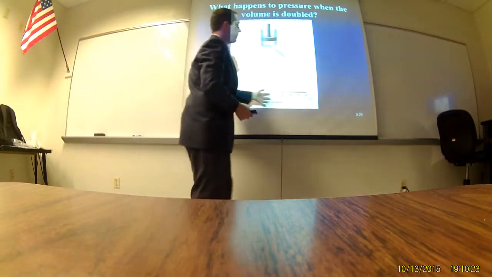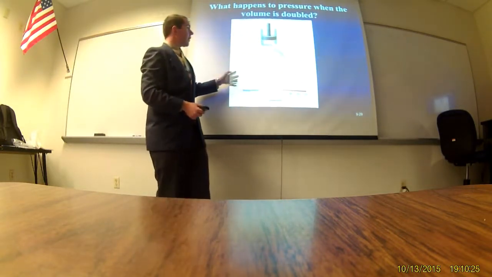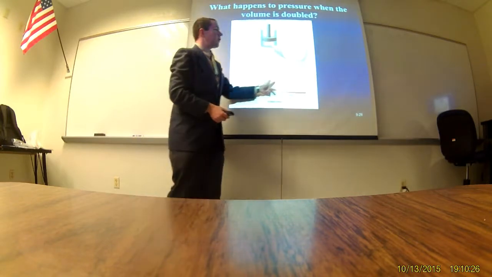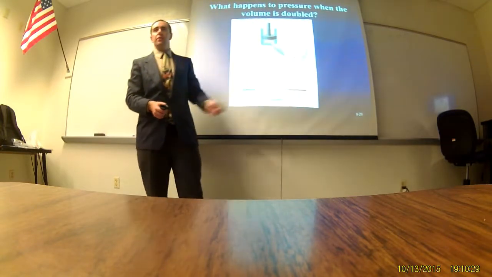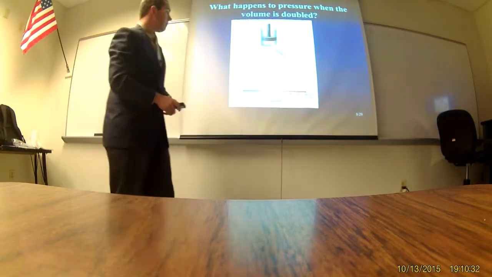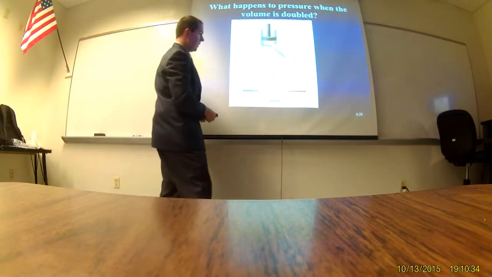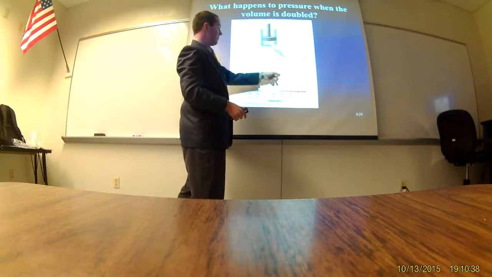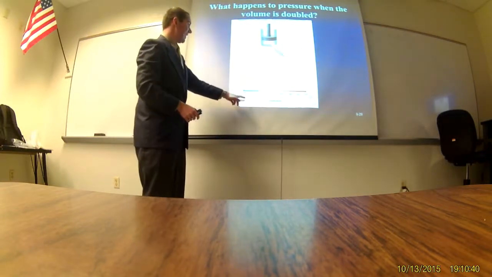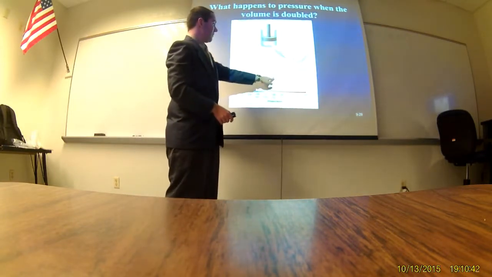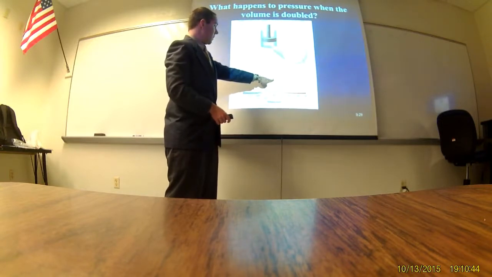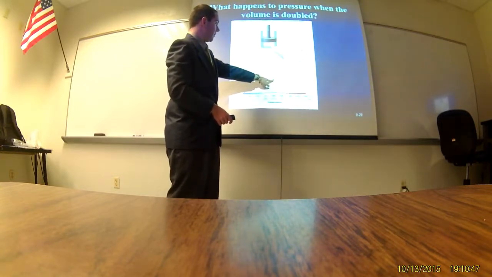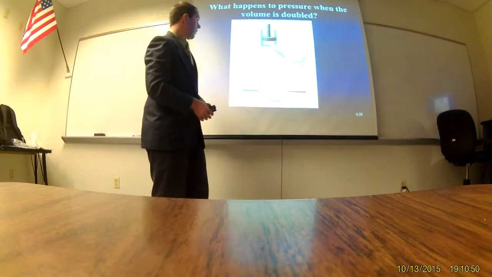Let's look at this graph. This one is graphed a little bit differently, so we actually see a linear relationship. So let's pick a point. Let's pick 100. What is the temperature when we double the volume?